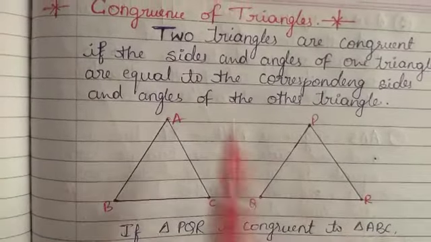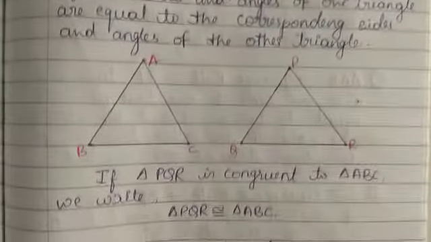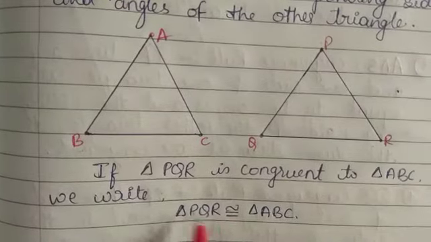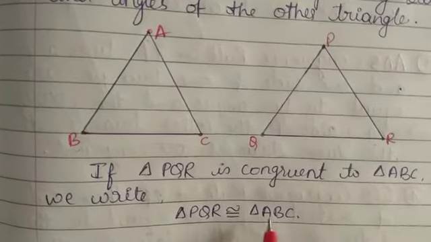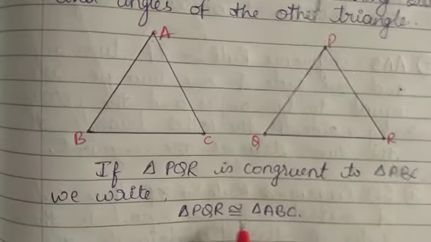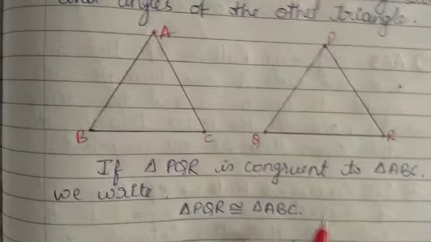Okay, understood this meaning? How will we write this congruence symbolically? Like this. Triangle PQR is congruent to triangle ABC. This is the symbolic representation of congruence of triangles.